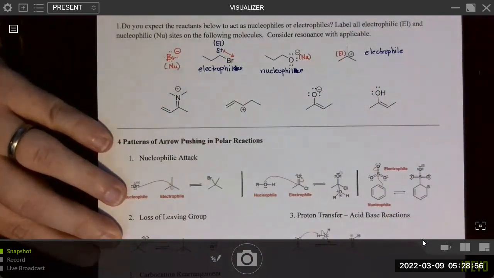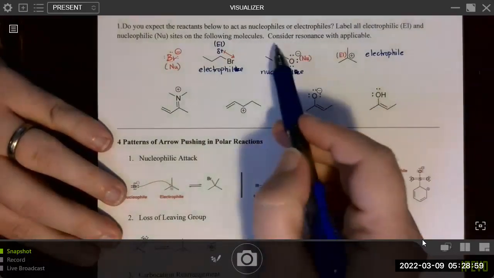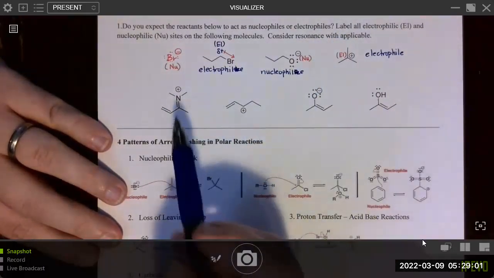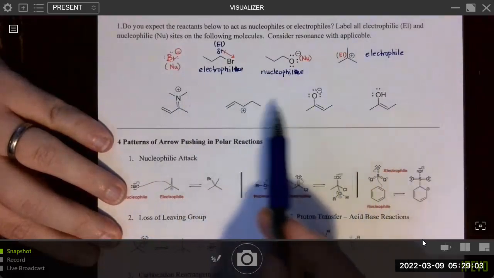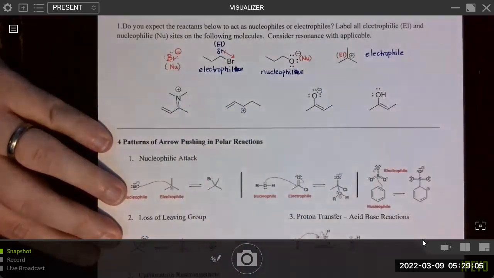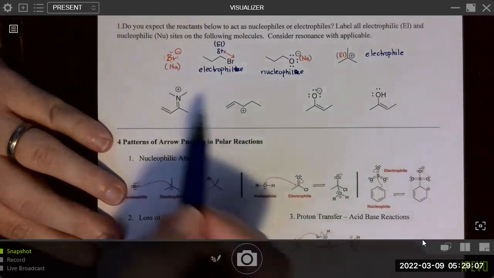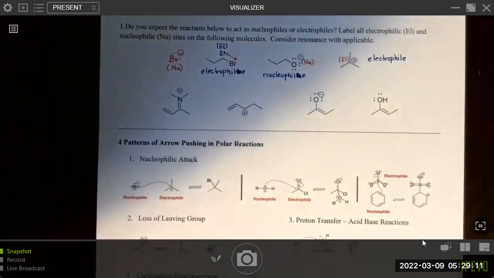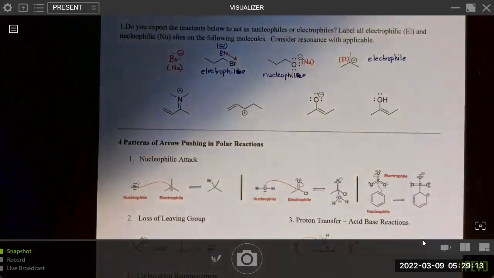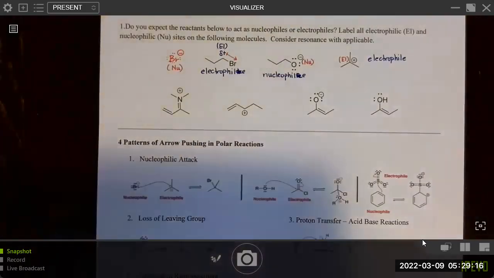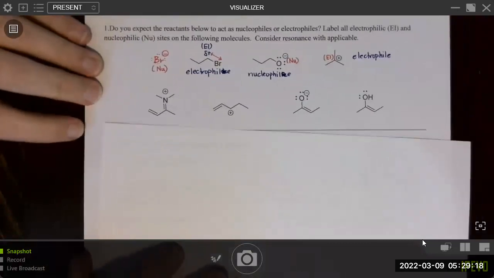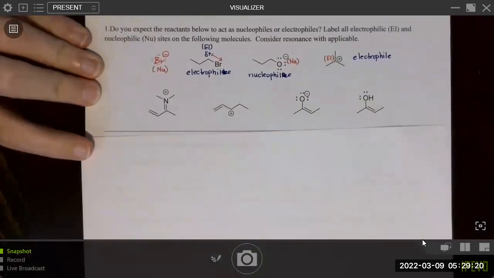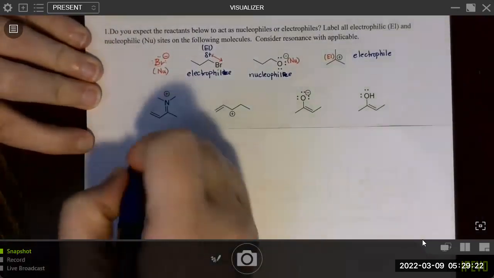Okay, so it does tell us to consider resonance. And as we start looking at these bottom structures, resonance is going to be important here. If we think about the resonance contributors of this structure, that's actually really critical to understanding the electrophilic centers. So let's draw that out.